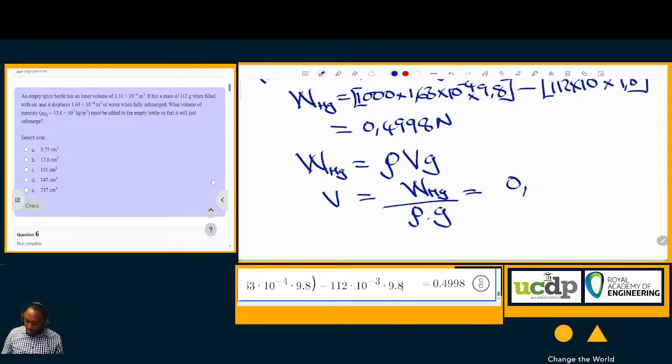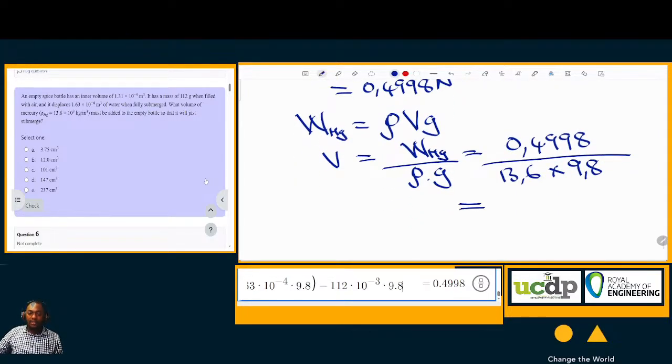And the weight you've just obtained, 0.4998, over the density of mercury, which is 13.6 times 10 to the 3, times 9.8. Then you can determine that in form of calculation.